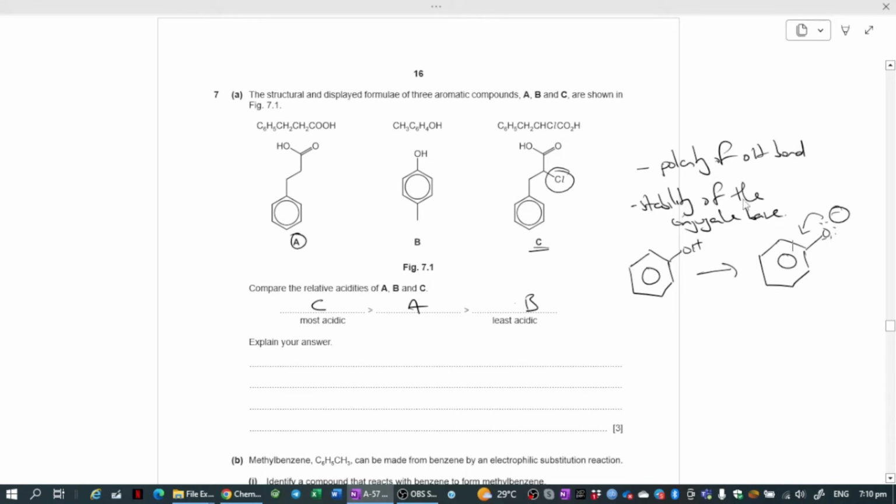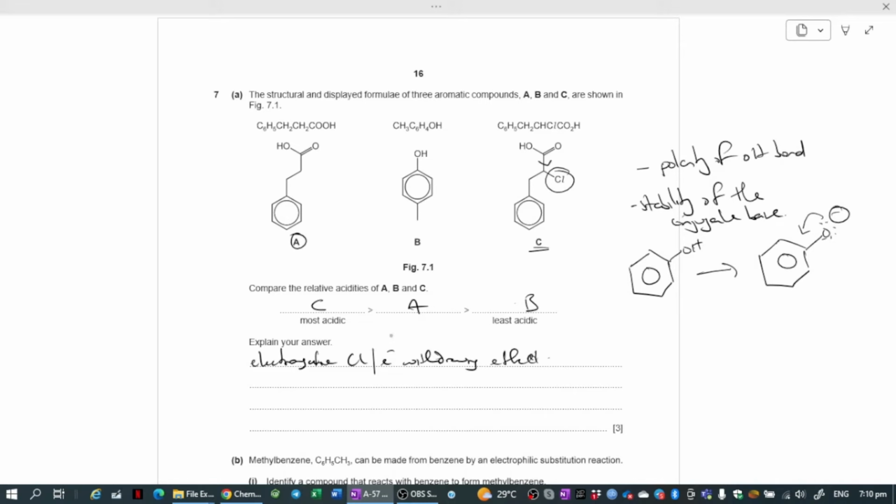So we have to apply these two ideas to the ranking of C, A, and B. Now, the polarity of the OH bond is the greatest in C because of the electronegative chlorine atom. In C, we have electronegative Cl, which has an electron withdrawing effect.